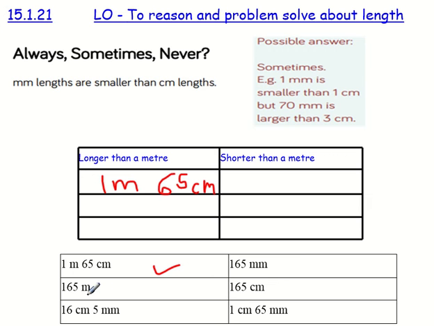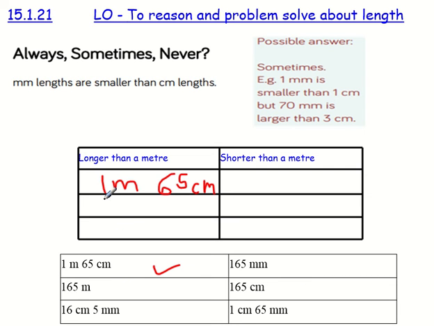Okay, now this one is 165 metres. So not 1 metre, not 2 metres, not 10 metres, not 20 metres or 50 metres, but 165 metres. Do you think that's longer than 1 metre? I think it is, don't you?